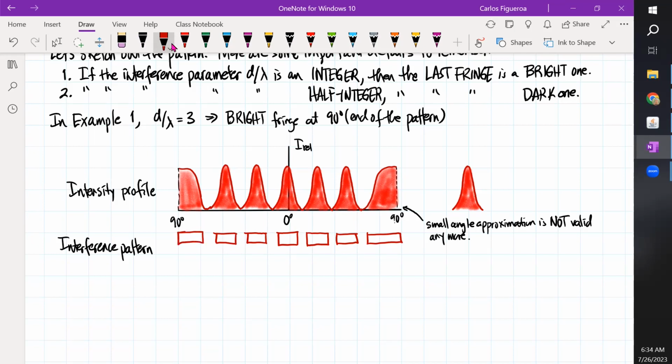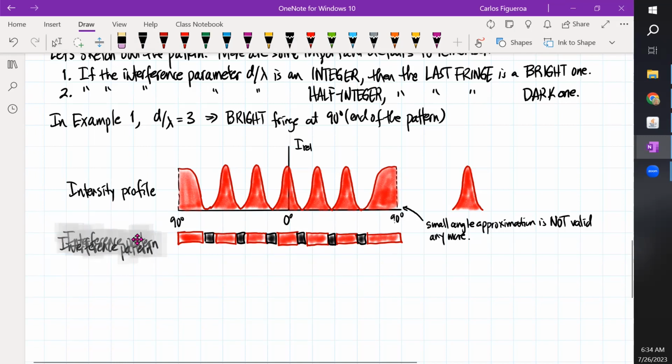And they should be symmetric. Of course, they're not. So then if I look at my interference pattern, you're seeing that I have a sequence of bright as well as dark fringes. So let me move this up and then let's label these.